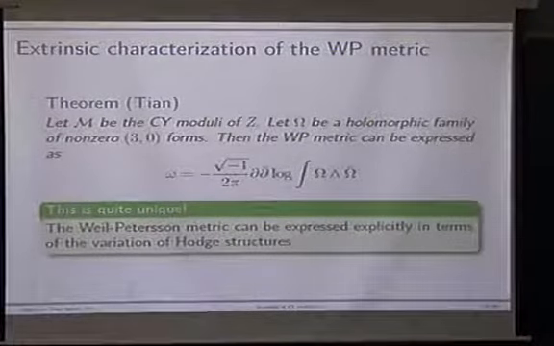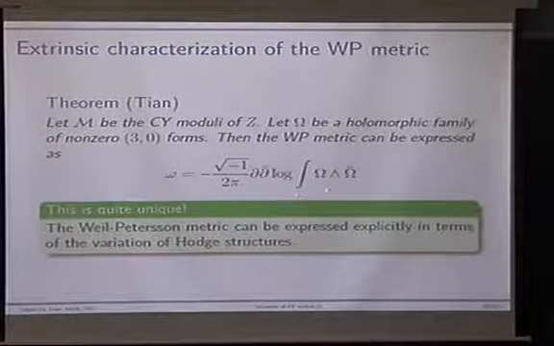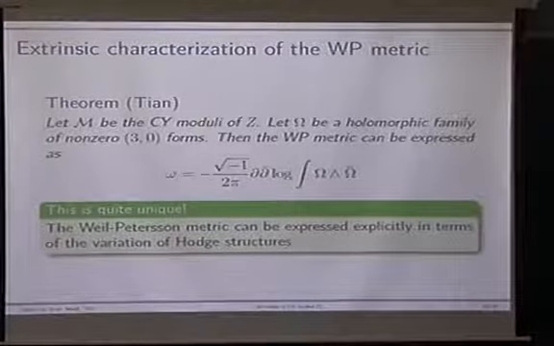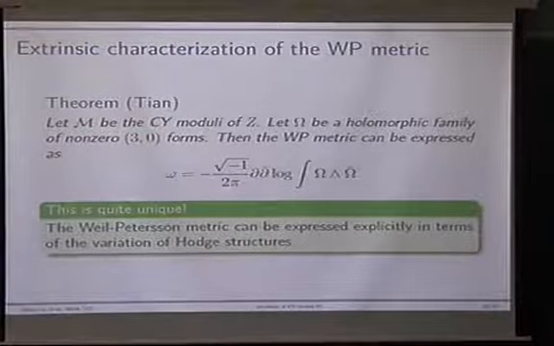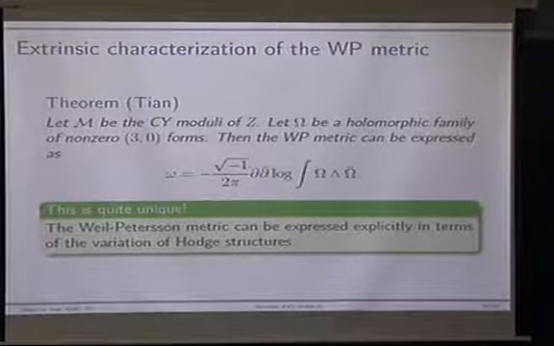So as I said, this is unique, and not only is it independent of the metric explicitly, it is in terms of the variation of Hodge structure, an explicit dependence on the variation of Hodge structure. Okay, so one interpretation of this is that the Weil-Petersson metric is the curvature of the first Hodge bundle.